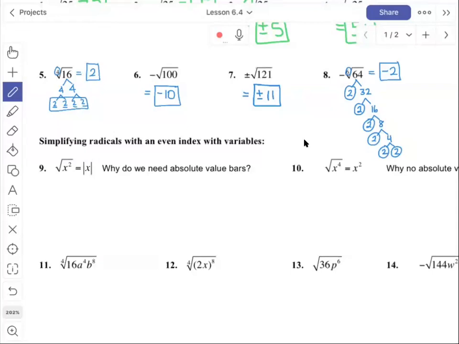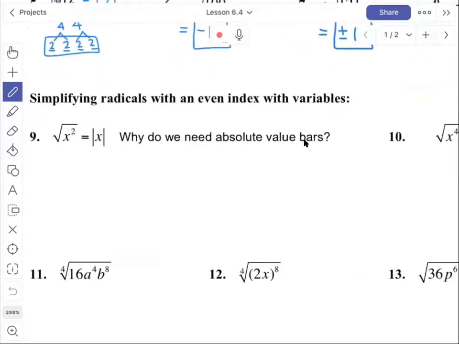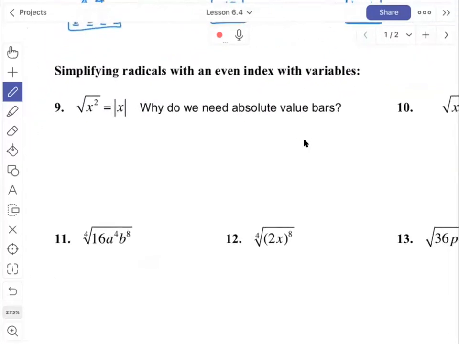Okay. This next part can get tricky. So pay attention to the details, okay? This is where we're gonna need some absolute values when we have variables like x in the radical. Okay, but there's certain rules about when you need the absolute values and when you don't. So here, if you notice, square root of x squared is actually absolute value of x.